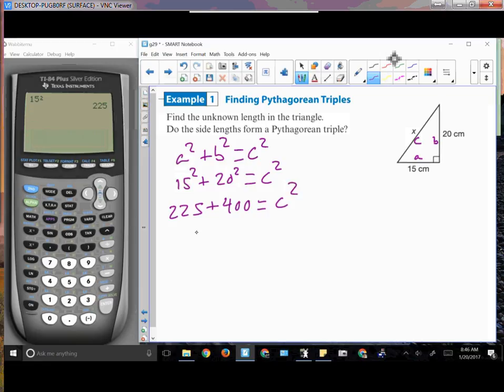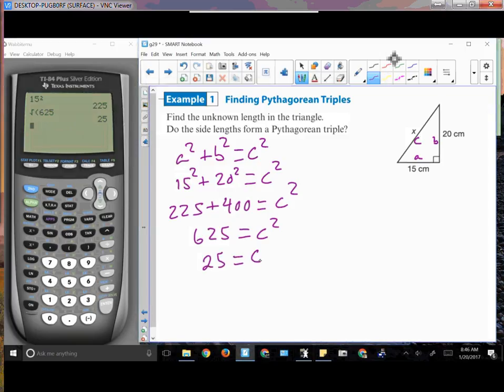So that's going to end up giving me 625 is equal to c squared. So really what I want to do is take a look at the square root of 625. So second, square root, 625, enter. And it turns out to be 25.